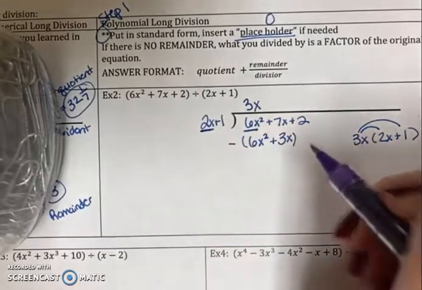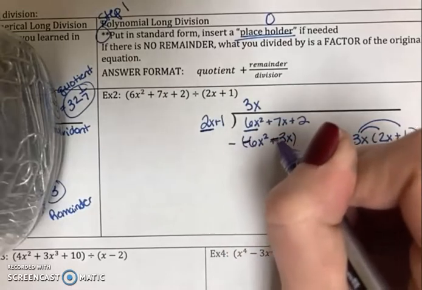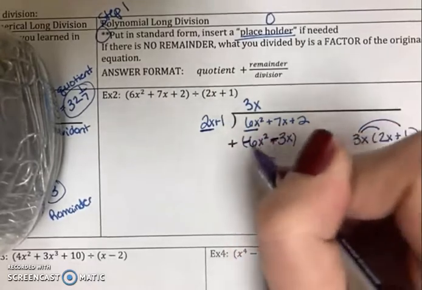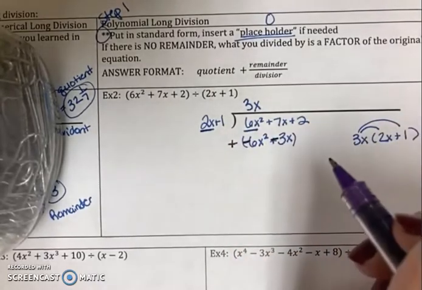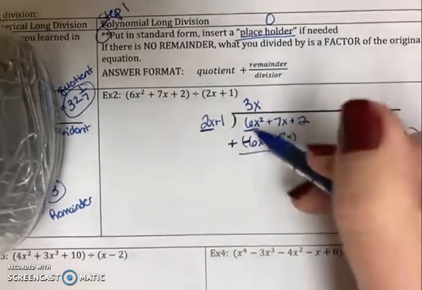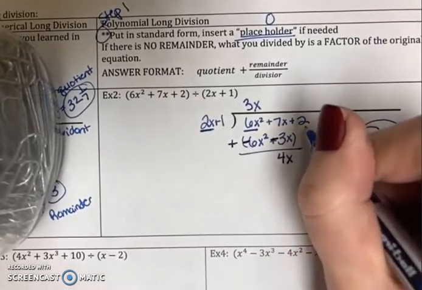So if you'd like to, you can go through and change the signs. So this becomes plus a negative 6x squared and a negative 3x. Okay? So these cancel out, and I have 7x minus 3x, which gives me 4x.